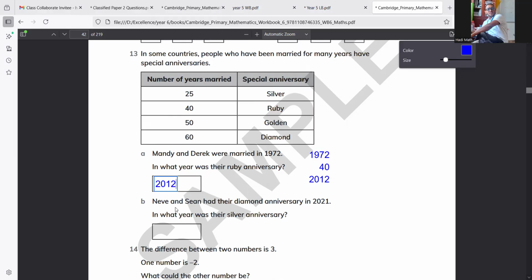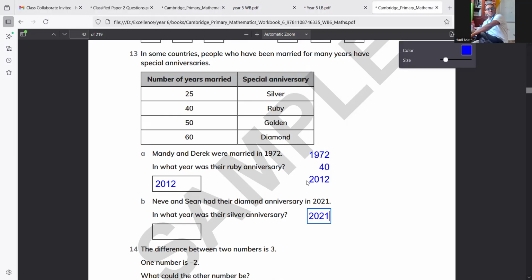Neve and Sean had their diamond anniversary in 2021. In what year was their silver anniversary?